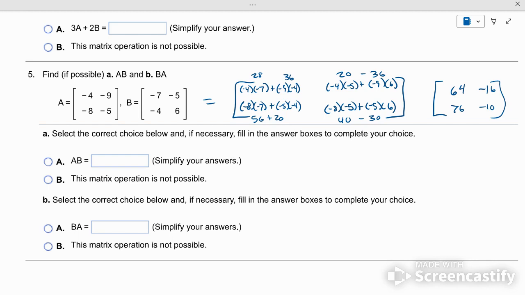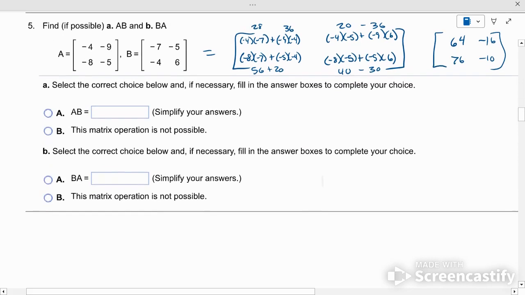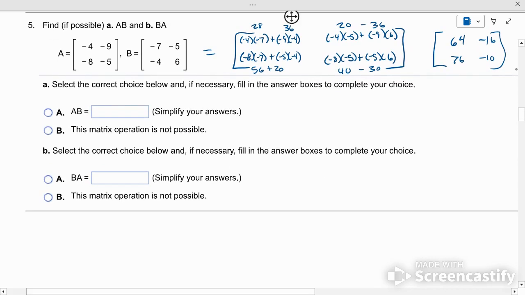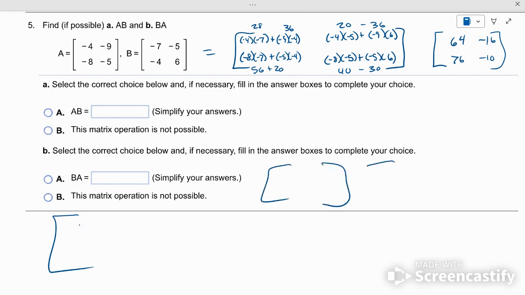Okay. Now, is B times A going to be the same thing as A times B? No, not at all. So for me to do this, I got to rewrite them in order because I look at them and everything goes wacky if I don't rewrite them.